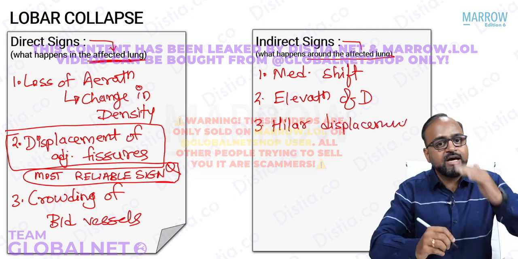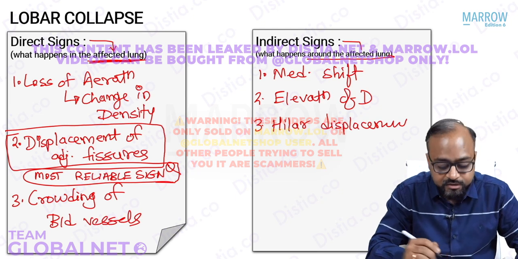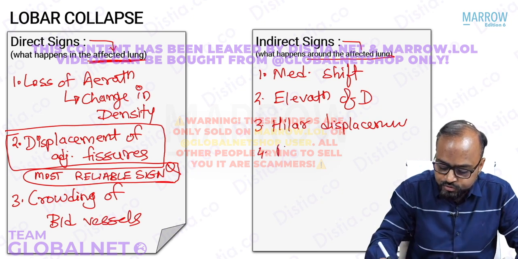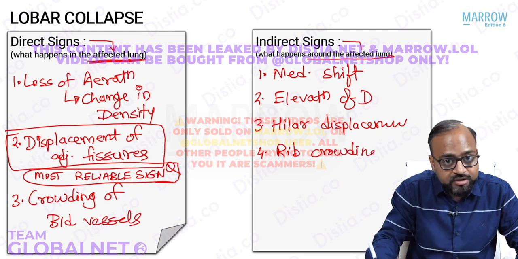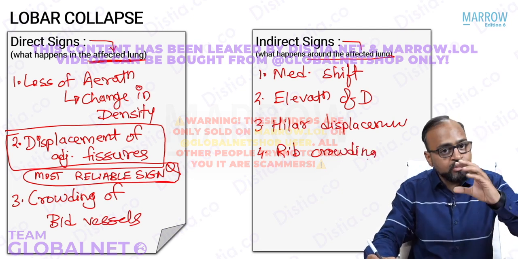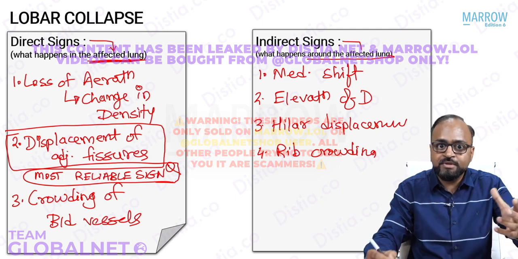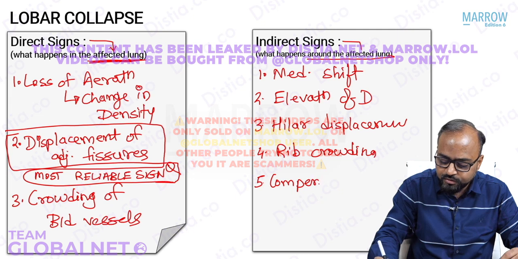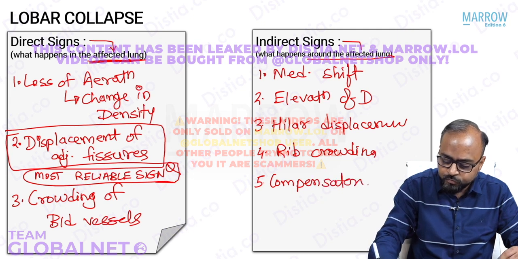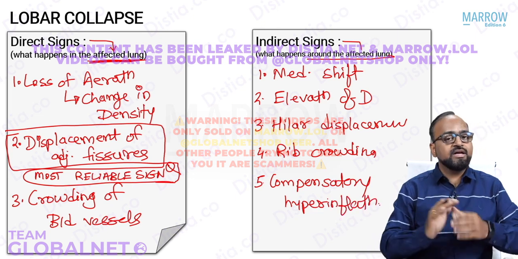If upper lobe collapses, the hilum may go up a little bit. There could be crowding of ribs. And when one lobe collapses, the other lobe tries to compensate for it. So there could be compensatory hyperinflation.